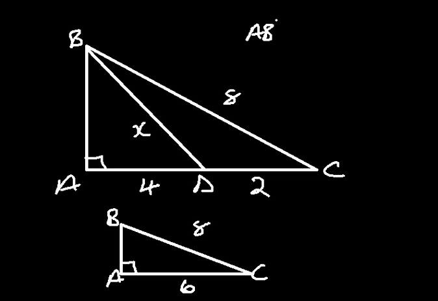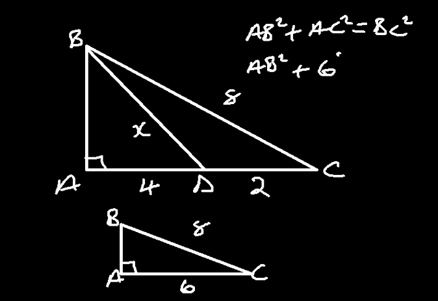So now in this case we have AB square plus AC square, which is equal to BC square. So now what is AB? It is what we are looking for. AB square plus what is the AC? We have 6 to the power 2, which is equal to 8 to the power 2. We have AB square plus 36, which is equal to 64.